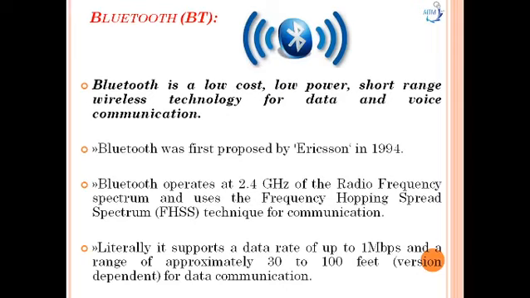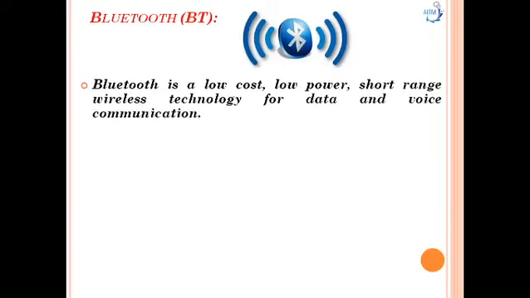Now coming to Bluetooth. Bluetooth will be used as a communication channel which is used by the embedded system to communicate with the external world here. Bluetooth is a low cost, low power, short range wireless technology for data and voice communication here.